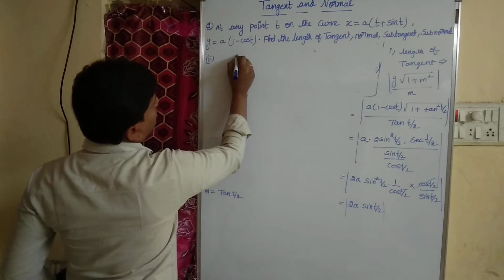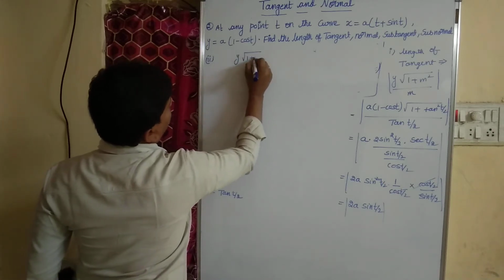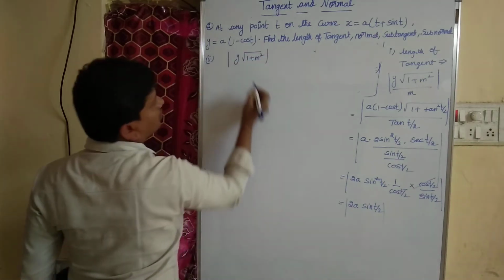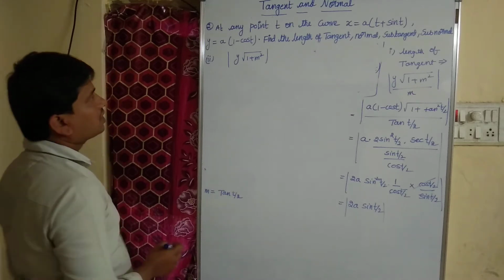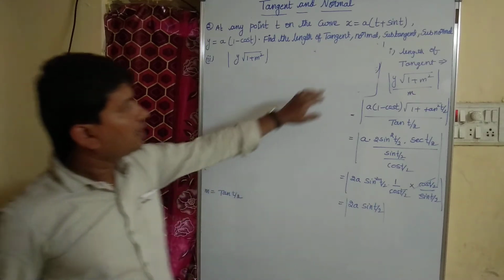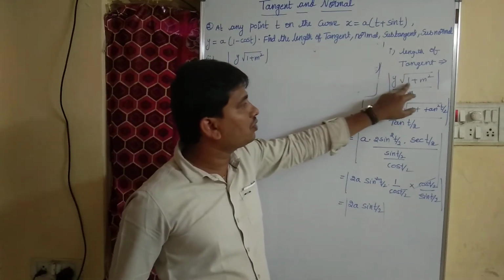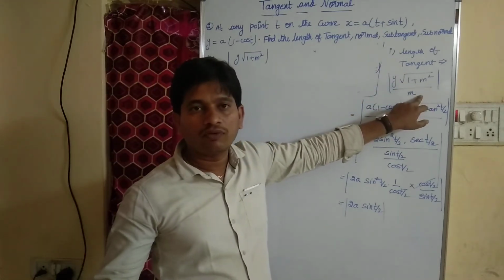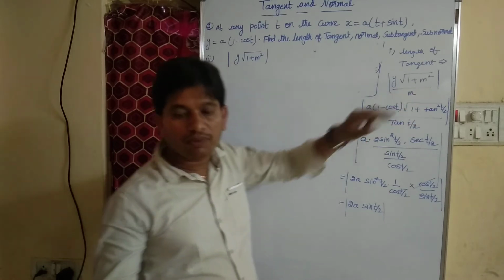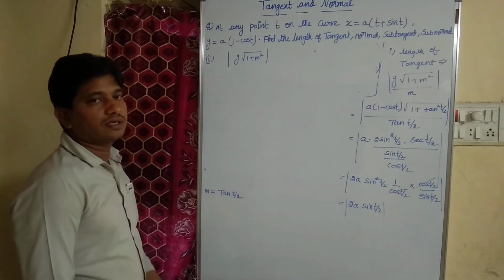The formula is y into root over 1 plus m square. So this is the formula for finding length of normal. First formula is length of tangent is y into root over 1 plus m square by m. What about for length of normal? Y into root over 1 plus m square. Okay?